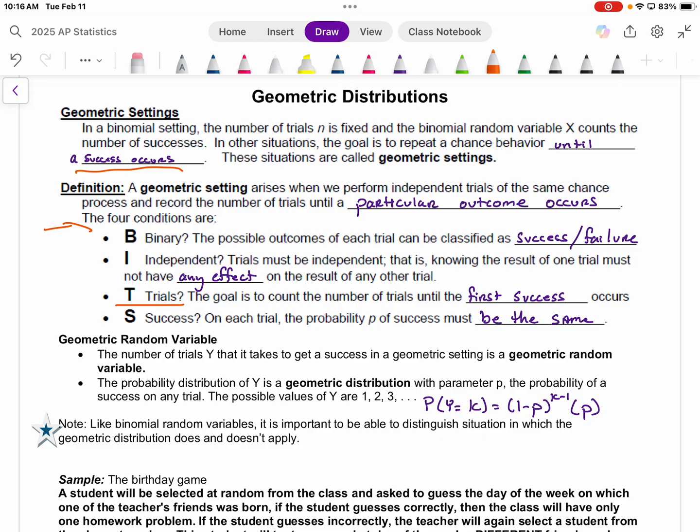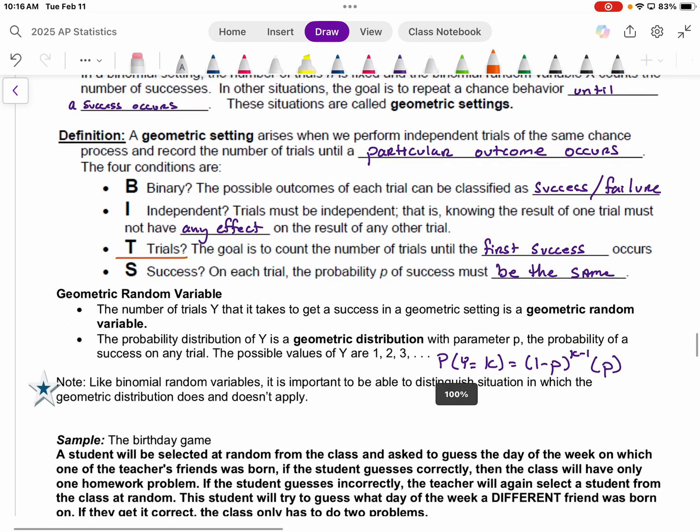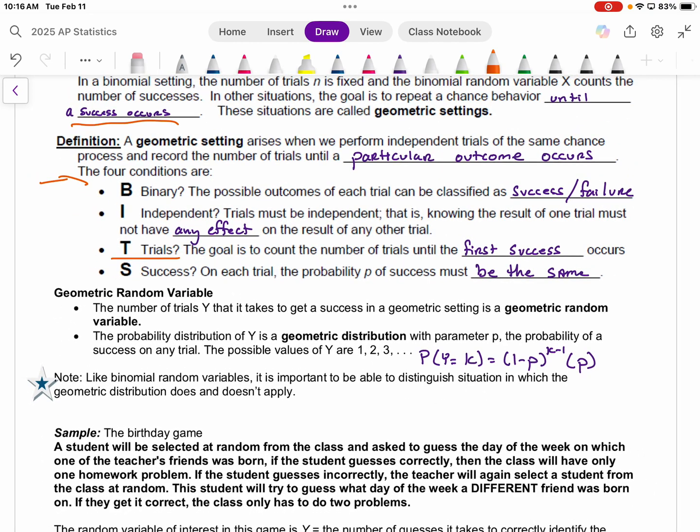Now we do see the CDF versions, the cumulative probabilities, on this one. And again, our successes, it's still got to be the same each time. So our probability of success stays the same every single instance. The number of trials Y that it takes a person to get a success is a geometric random variable. How do we figure it out by hand?